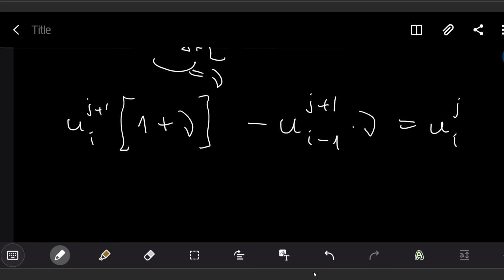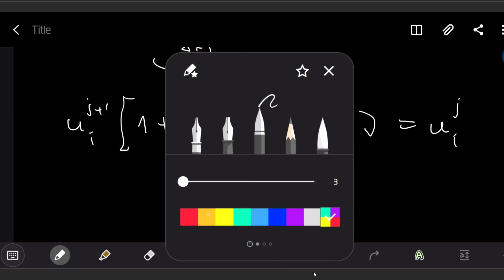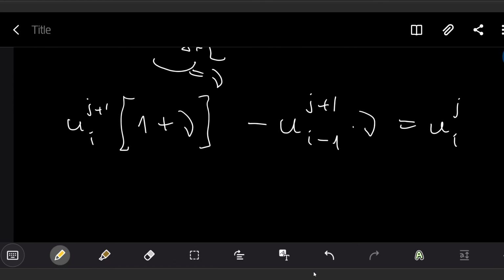So let's take a careful look at this equation which we just received. We have one unknown right here, and we have another unknown here. Near them we have a coefficient, and another coefficient, which are actually constant, right? And we have another value which is known here.